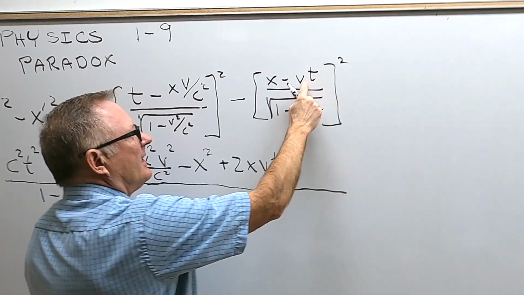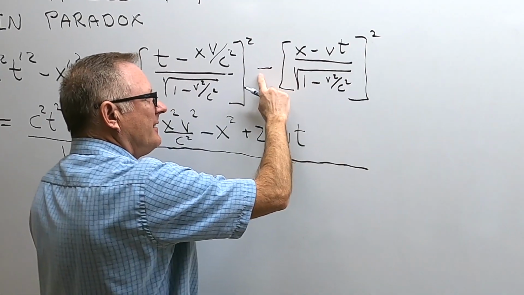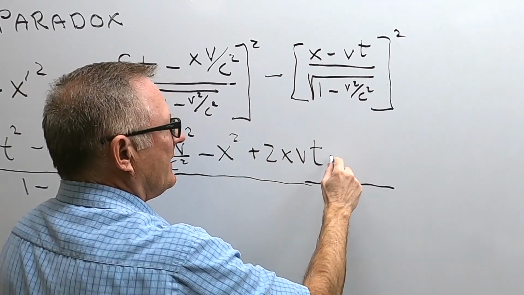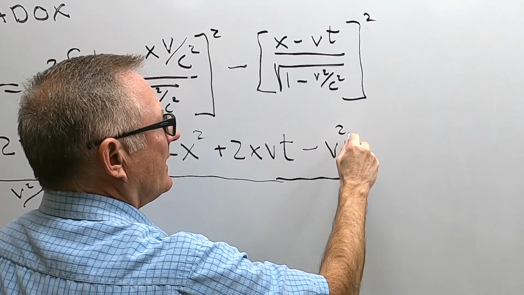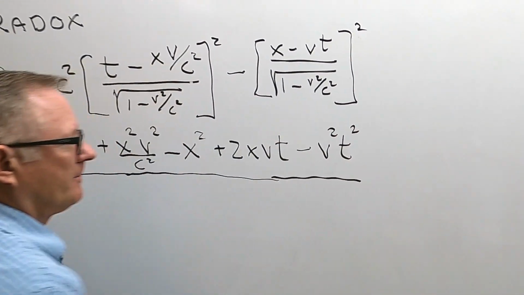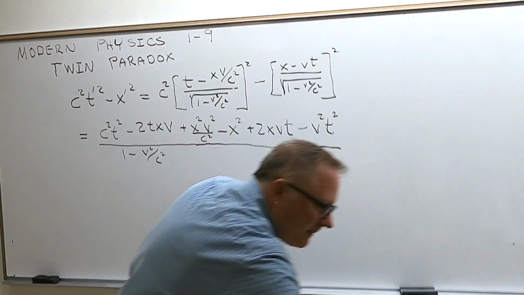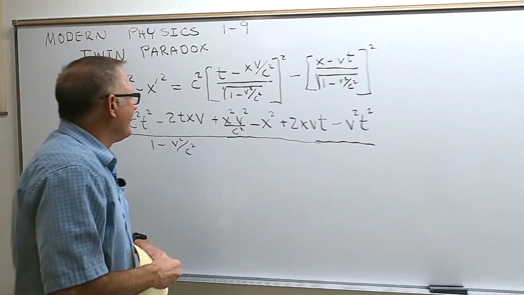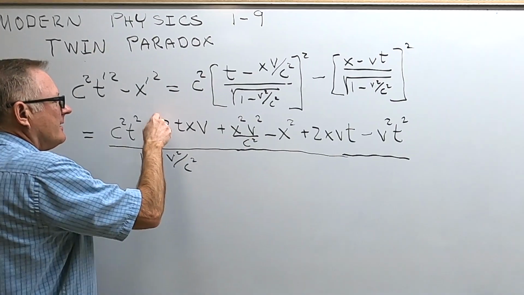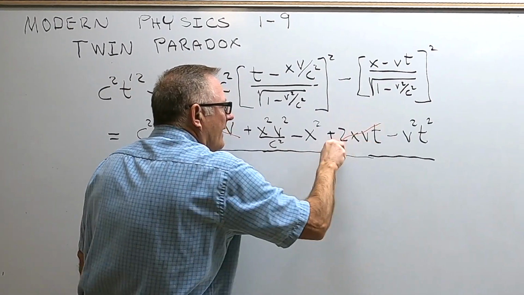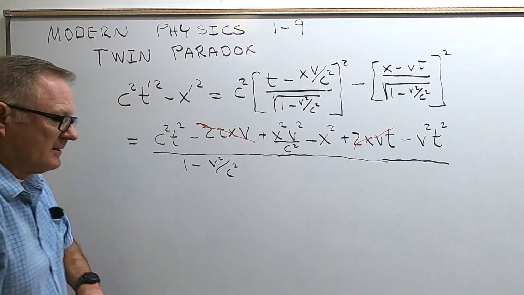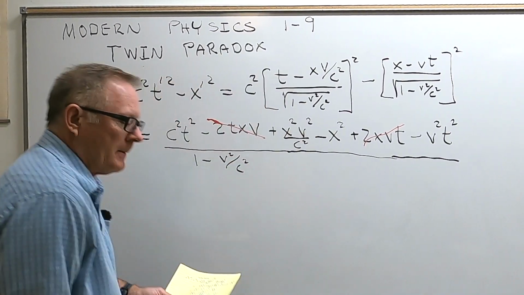This one is plus v squared t squared, and then we have a minus right there, so it's minus v squared t squared. Okay, now if you notice, we can cancel at least that term with that term right there. So we can simplify it a little bit.